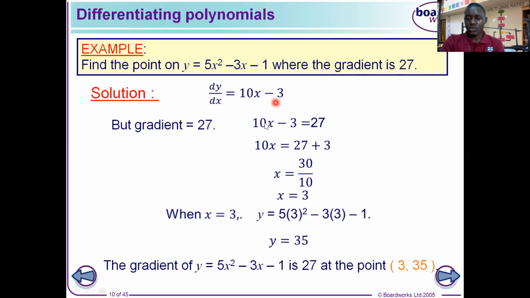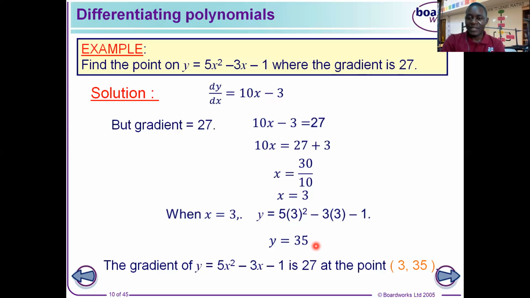In that sense, you're going to be solving for the value of x and getting 2 possible values of x. Getting 2 possible values of x will result in 2 corresponding values of y, which means 2 points.